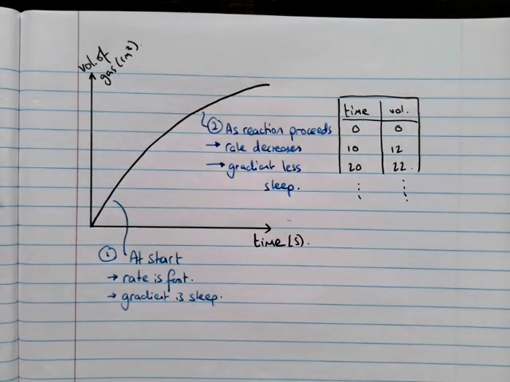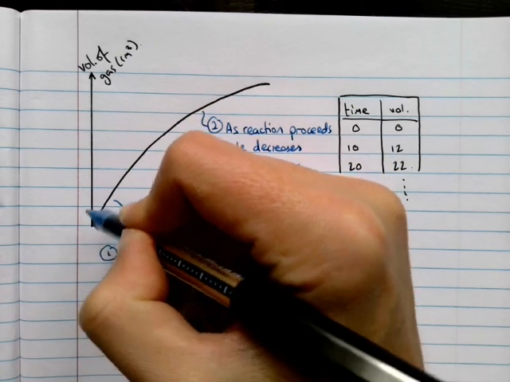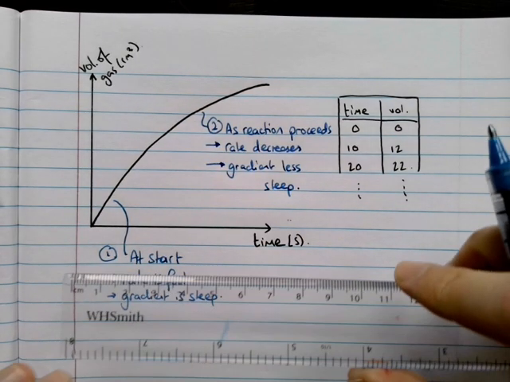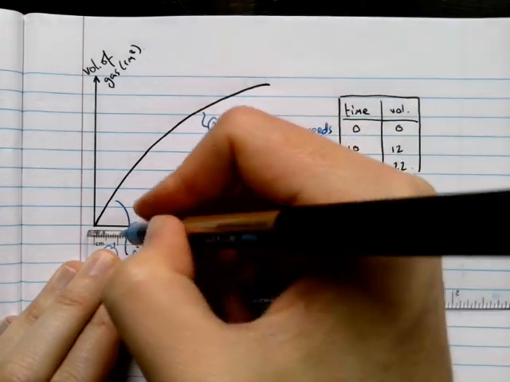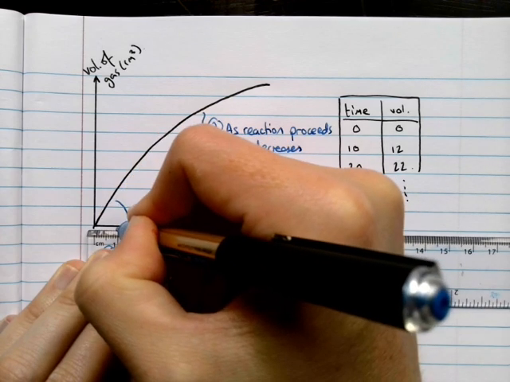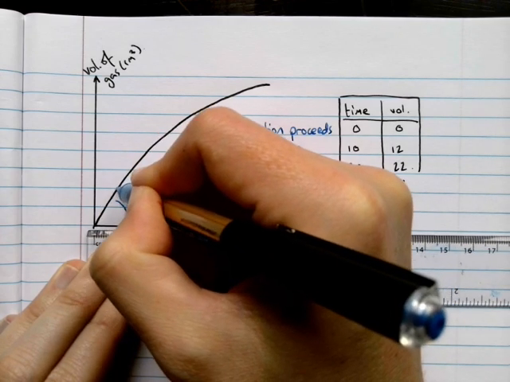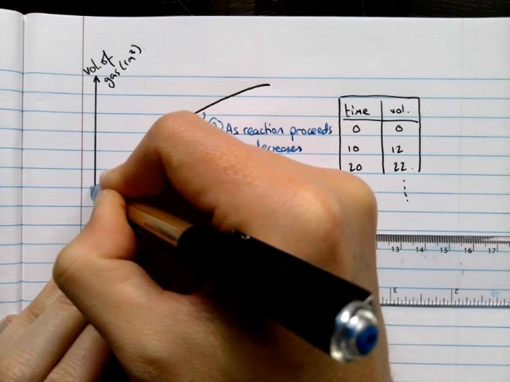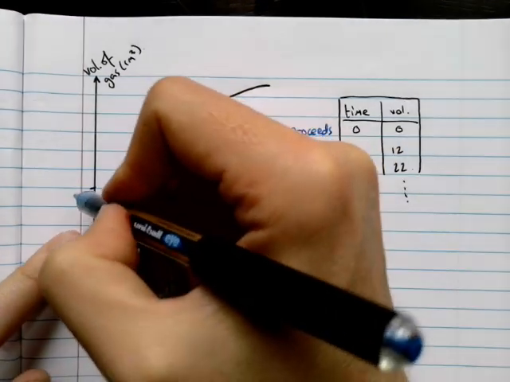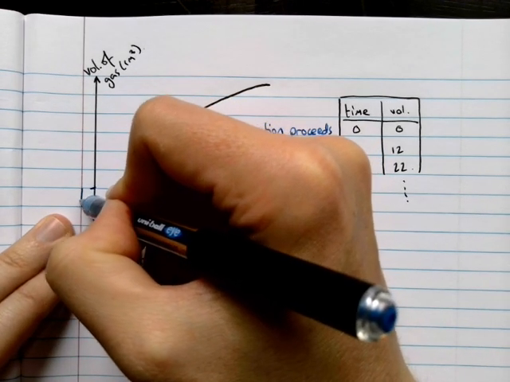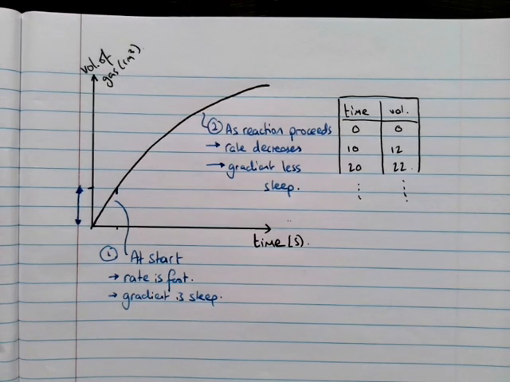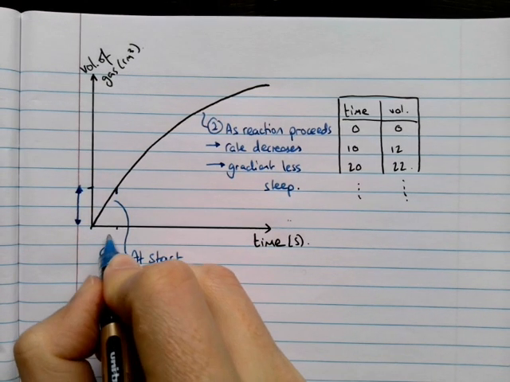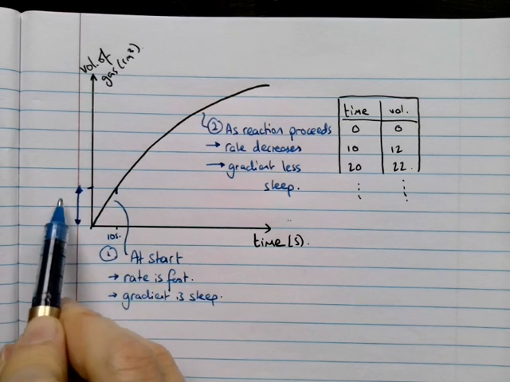If you think about it, let's say we take a certain time interval. Let's say I take a centimetre worth of time, this amount of time here. If I go up here, about this much volume of gas has been produced. Let's say 1 centimetre is 10 seconds. I get 2 lines worth of gas.